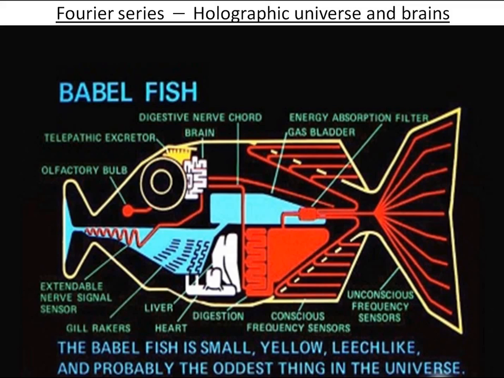It then excretes into the mind of its carrier a telepathic matrix formed by combining the conscious thought frequencies with nerve signals picked up from the speech centers of the brain which has supplied them. This fish is the pineal gland.